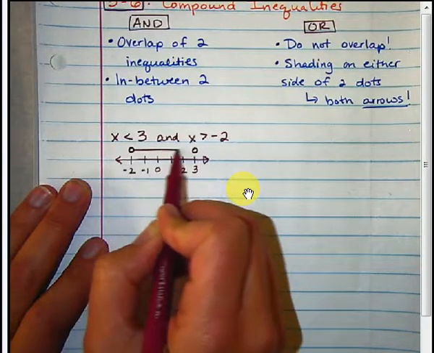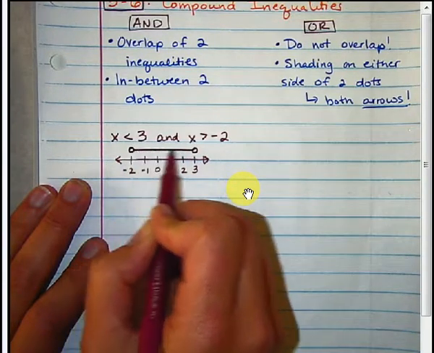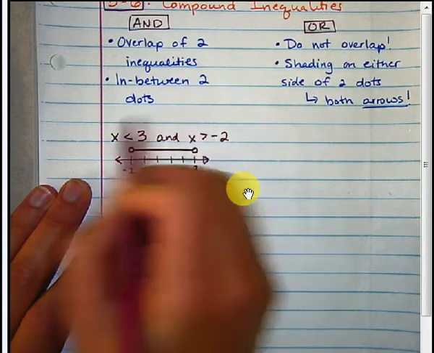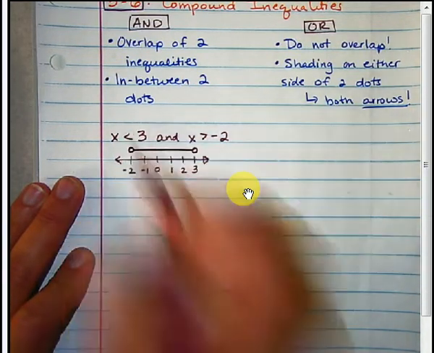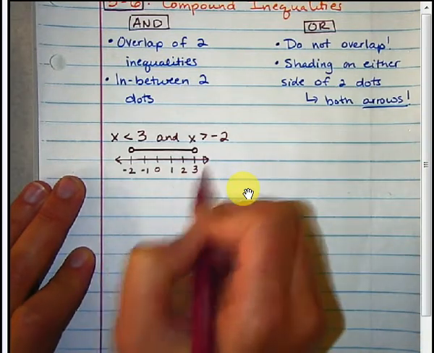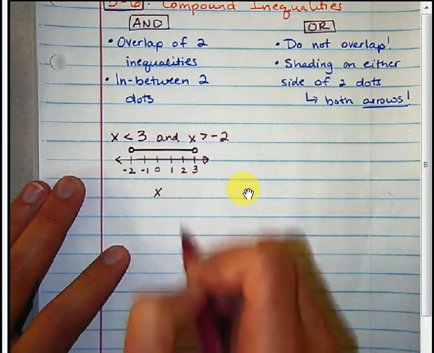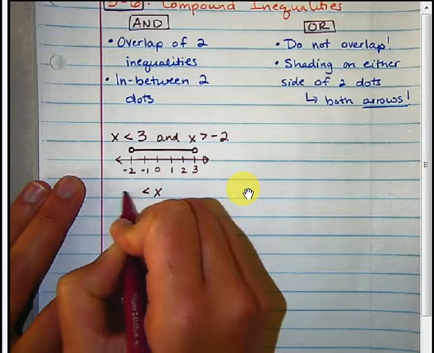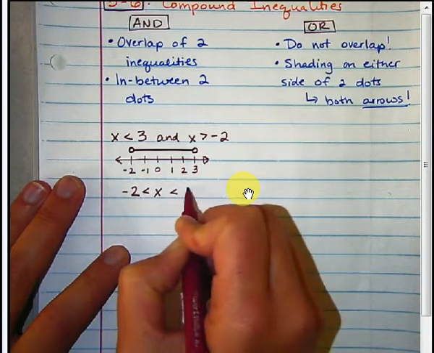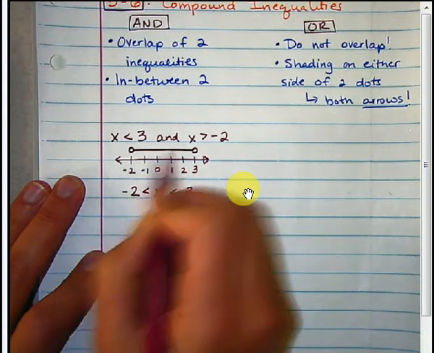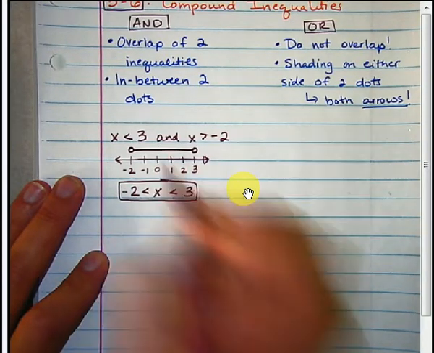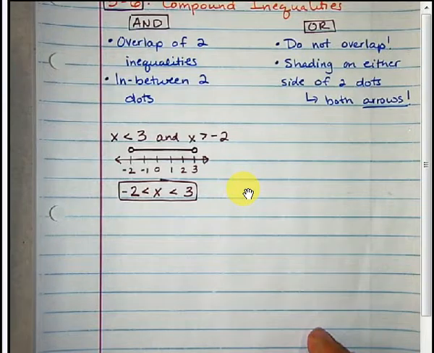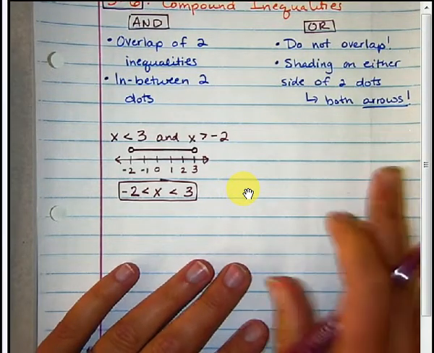So everything in between are numbers that would satisfy both of these things. In fact, we can take these two inequalities and sandwich the x in between two endpoints. You see how this matches up here? See how it matches up there? It's sandwiched between the two dots.